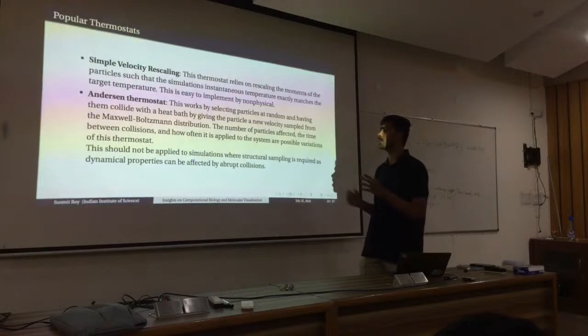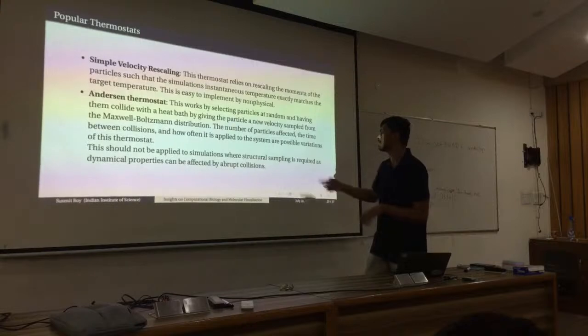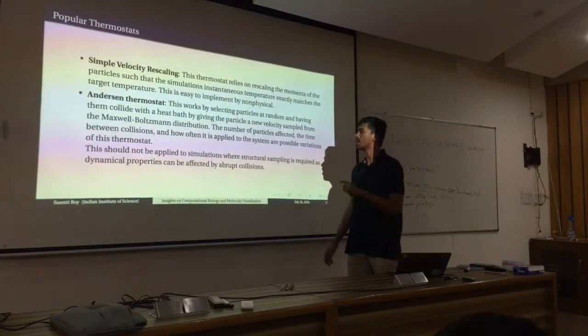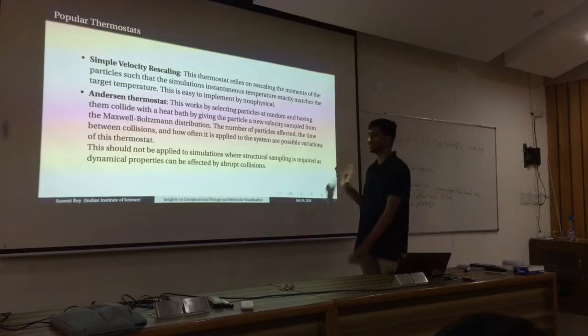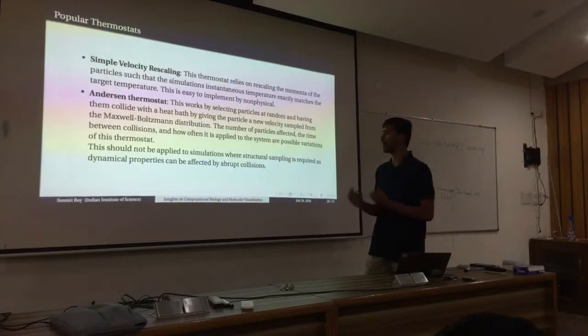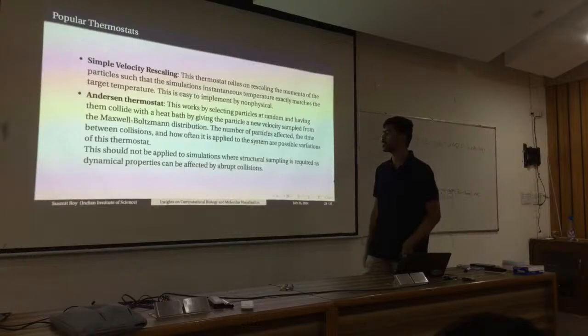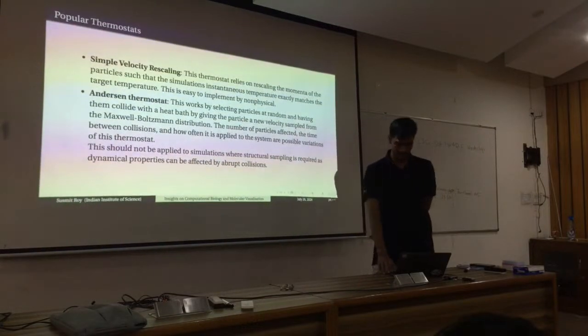By random collisions, I mean assigning random velocities sampled from the Maxwell-Boltzmann distribution. And it is seen that this gives the canonical ensemble. But this should not be applied to systems where you want to evaluate dynamic properties, because the dynamics of the system can be affected a lot by these abrupt collisions.